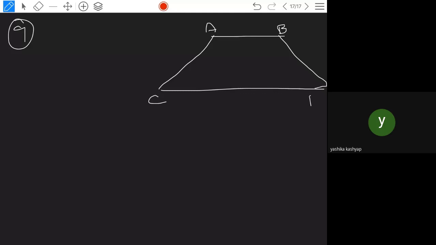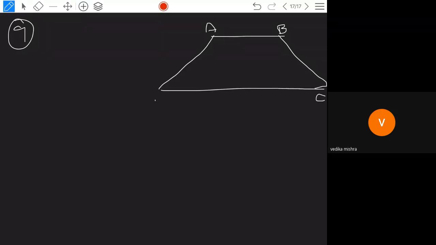No, sir. Why not? What is wrong in this? Sorry, it is not in sequence. The trapezium name is given to you as ABCD, so whatever I previously named is ABDC.